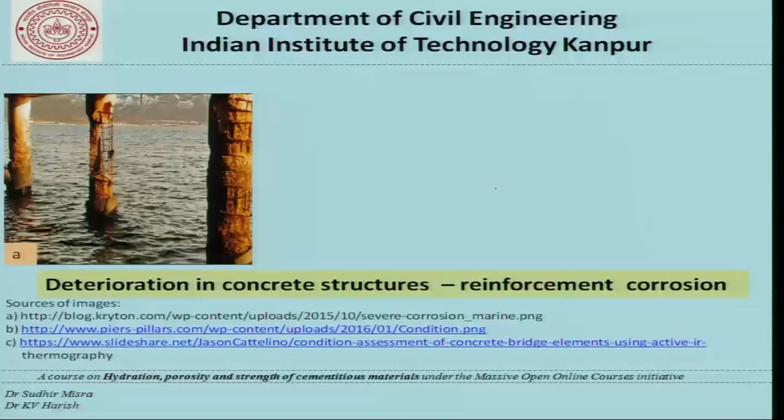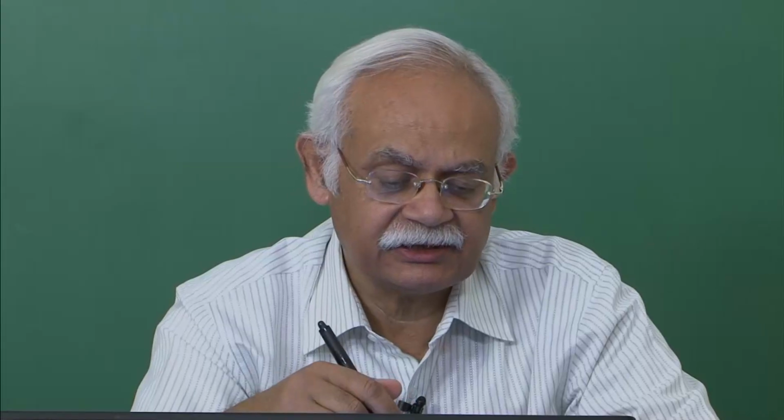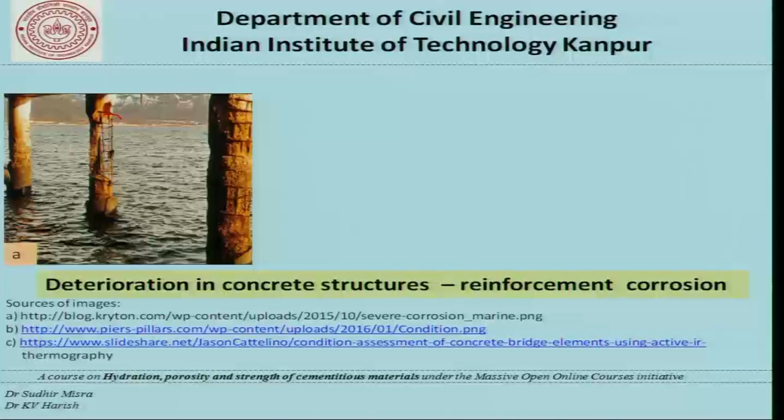Now, here is an example of deterioration in concrete structures, and we can see reinforcement corrosion. I do not want to get into the discussion of reinforcement corrosion itself in this class, but we must see that here the concrete has more or less all been washed away or eaten away or has spalled off, and we can see only reinforcement. In this column here, all the cover concrete has been lost.